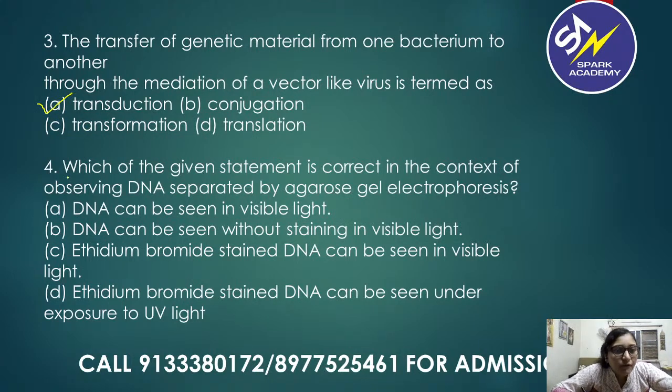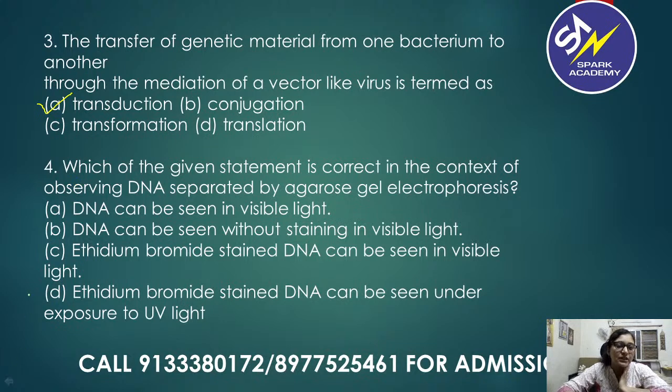Which of the given statements is correct in the context of observing DNA separated by agarose gel electrophoresis? DNA can be seen in visible light? No. DNA can be seen without staining in visible light? No. Ethidium bromide stained DNA can be seen in visible light?